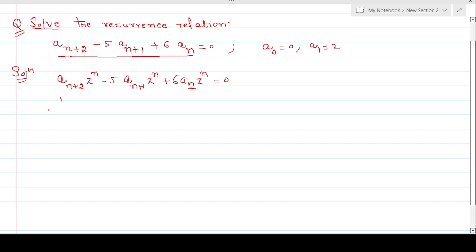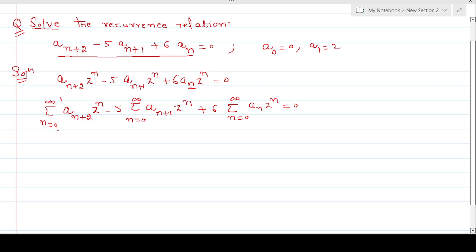So in this question we start the summation from 0: summation n equal to 0 to infinity a(n+2) z to the power n, minus 5 times summation n equal to 0 to infinity a(n+1) z to the power n, plus 6 times summation n equal to 0 to infinity a(n) z to the power n equal to 0.